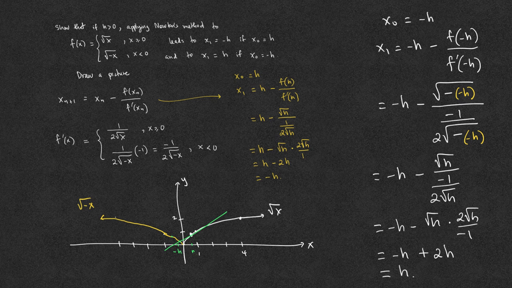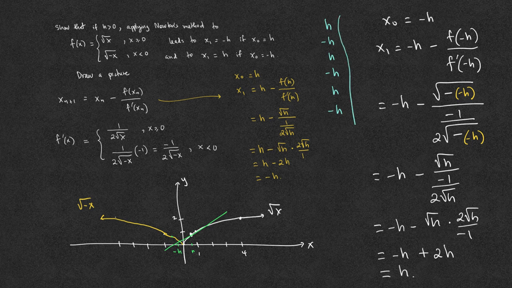The consequence is that using Newton's method, regardless of whether we start with h or negative h, we would go back and forth between h and negative h, so we will end up with a sequence that is not convergent: h, negative h, h, negative h, h, negative h.